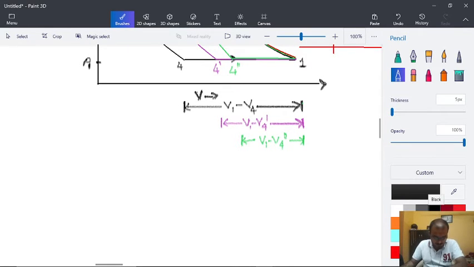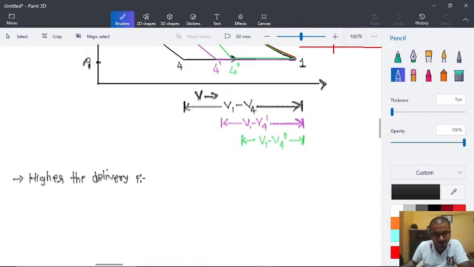The first is, the higher the delivery pressure, the higher will be the delivery temperature.